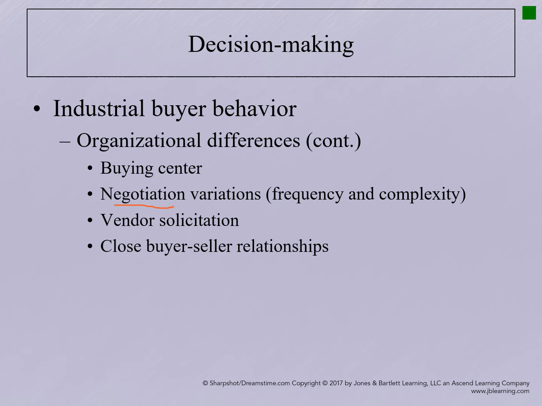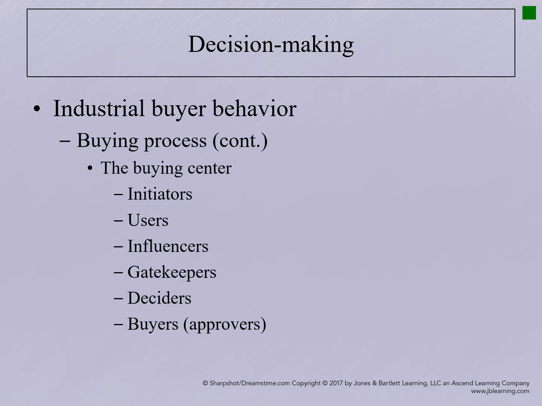And you have this buyer-seller relationship, and it might be an ongoing relationship. So this is dependent to some extent on the frequency and the complexity of the decisions. But in addition, there may be different people involved. There's a whole list of people that may be involved in making this buying decision.